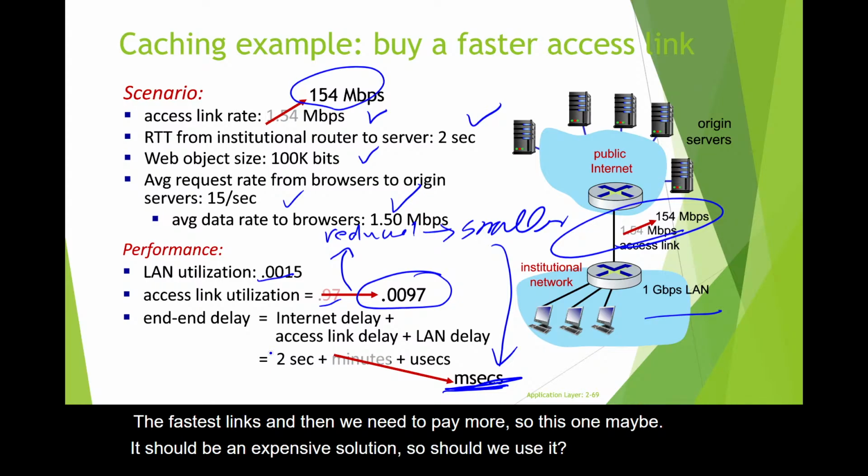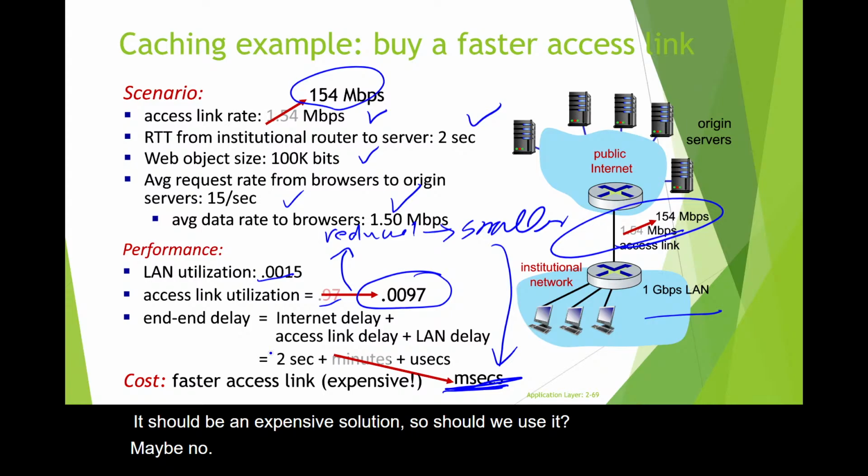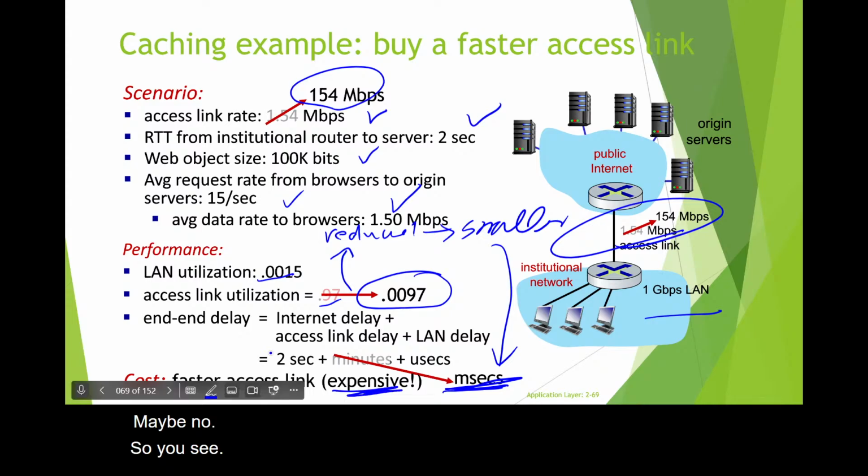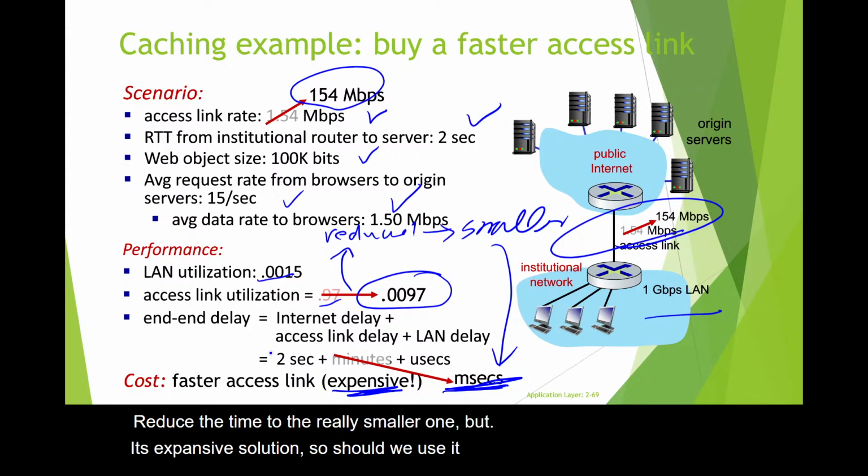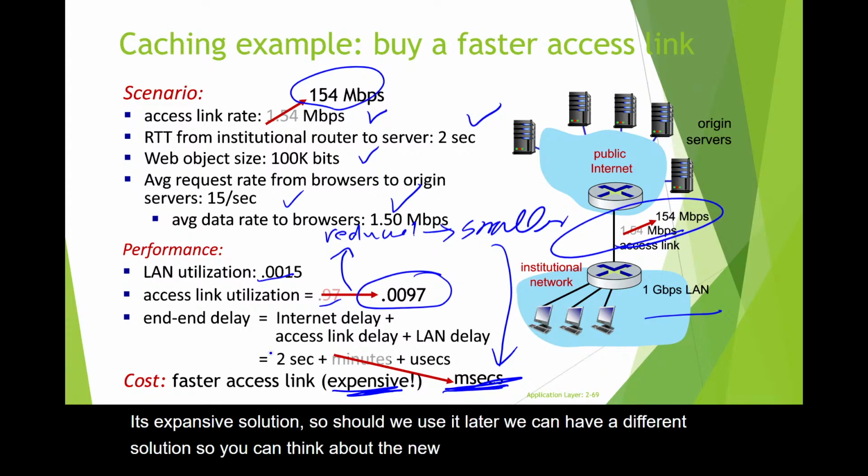Maybe no. So you see, expensive. Even if we can reduce the time to a really smaller one, it's an expensive solution. So should we use it? Later we can have a different solution. So you can think about the new solution, okay or not.